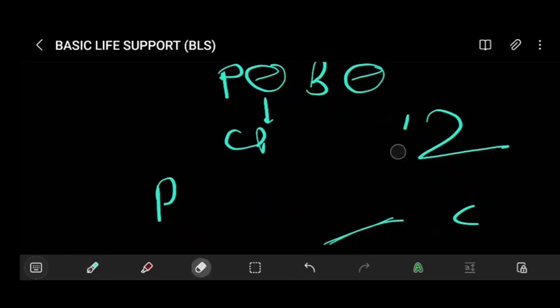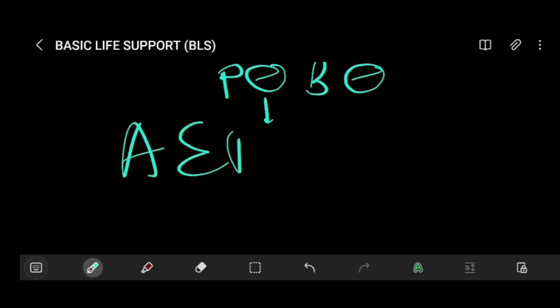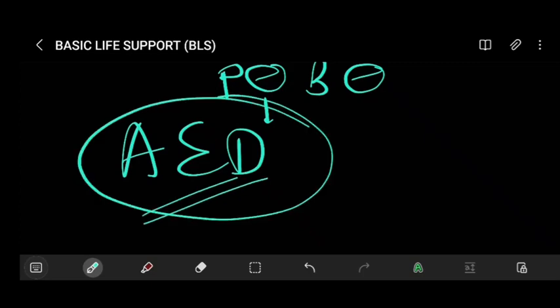Now how long should you give it? In India it is not available so much, but in the USA or UK, or in an airport, you may get an AED, an automatic external defibrillator. Bring it as soon as possible, and whenever it is available, give it to the patient.